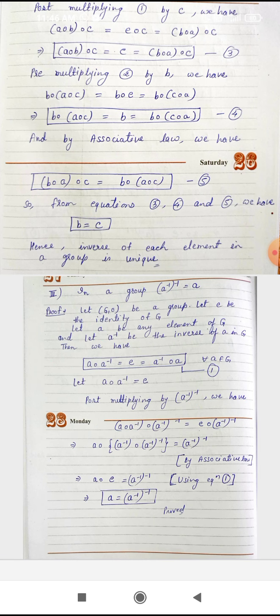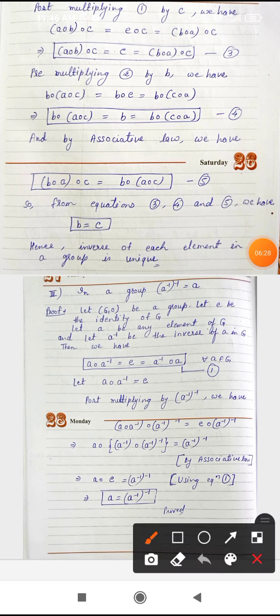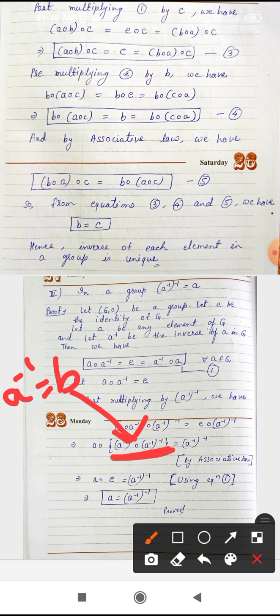Now just understand this part clearly. If we take a inverse is equal to b, so this bracket becomes b operation b inverse, and using equation 1, if b inverse is the inverse of b in G, then b operation b inverse is equal to identity e.